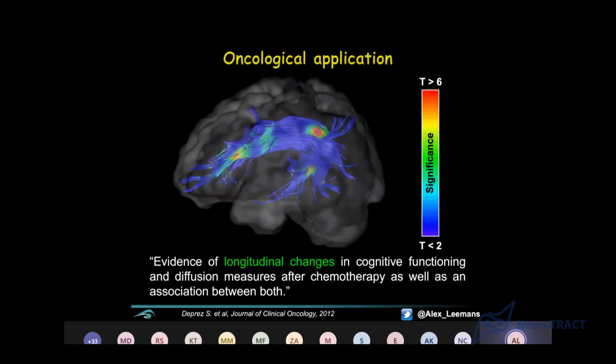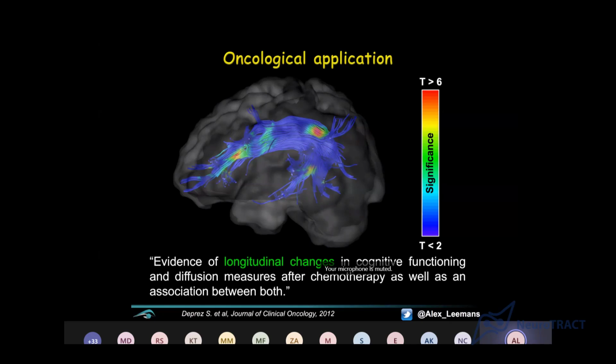So that's pretty cool. Obviously, in a clinical arena, and this is where a lot of interest is nowadays, is looking at how diffusivity and diffusion properties in general change with respect to therapies.